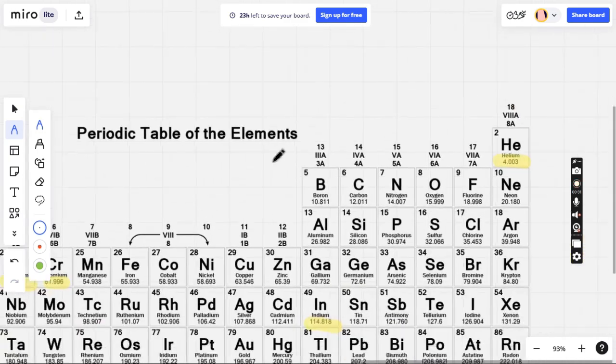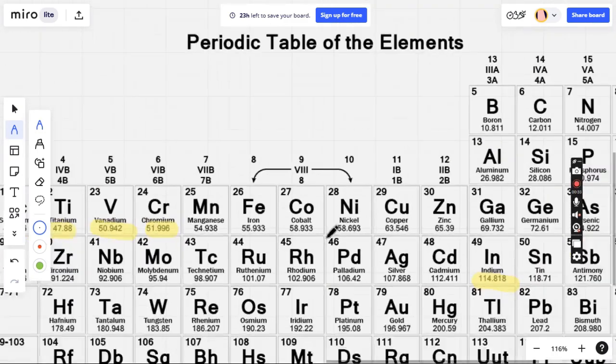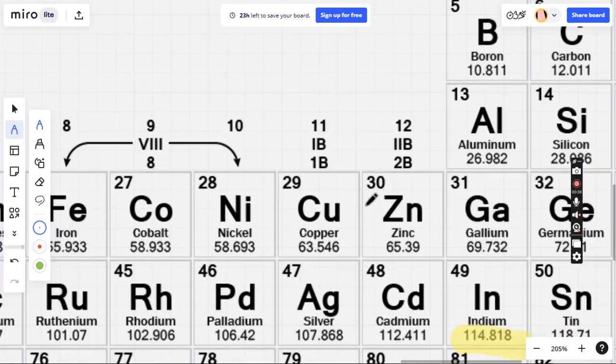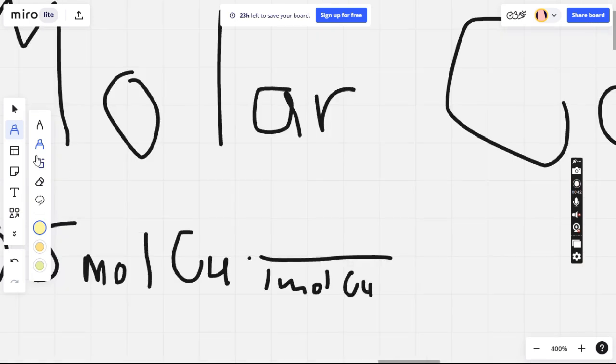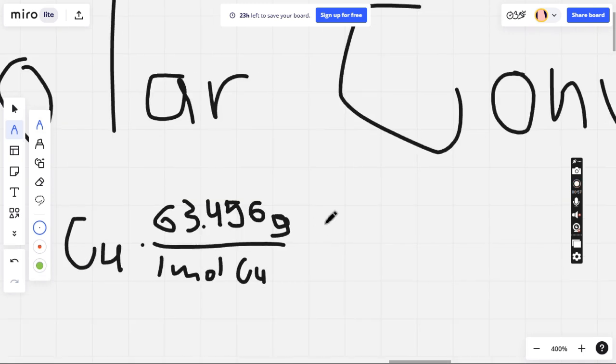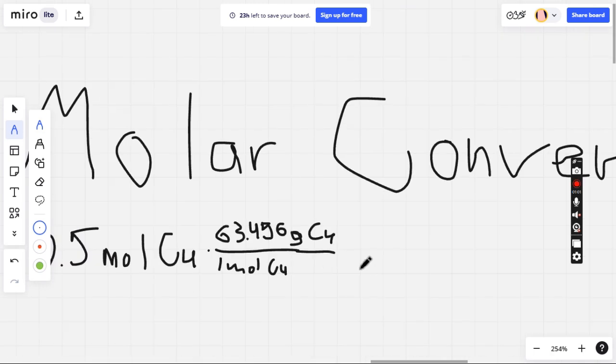And as I said previously, you consult the periodic table. You go down to copper and you see 63.546. You just write that down, 63.546 grams of copper. Excuse my bad handwriting again.